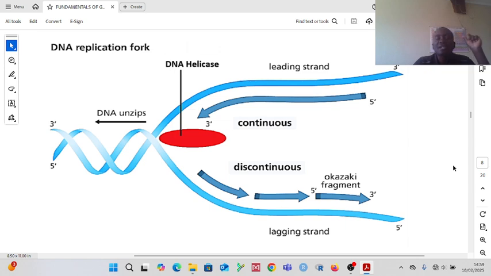So the DNA polymerase inaanza kuangalia hapa, kama kuna A hapa inaweka T, kama kuna C hapa inaweka G, kama kuna G hapa inaweka C, kama kuna T hapa inaweka A. So by adding that, the DNA polymerase is now elongating what began as just a short primer here, okay, a short sequence at this particular point.